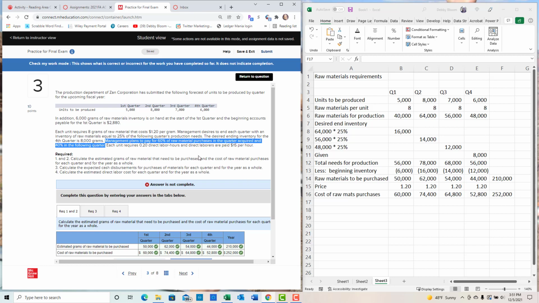In fact, I'm going to keep that fact highlighted, and we're going to use our cost of raw materials purchases. That 60,000 is going to be the beginning amount. So now let's calculate our payments for raw materials. And again, we're going to do this for quarter 1, 2, 3, and 4.